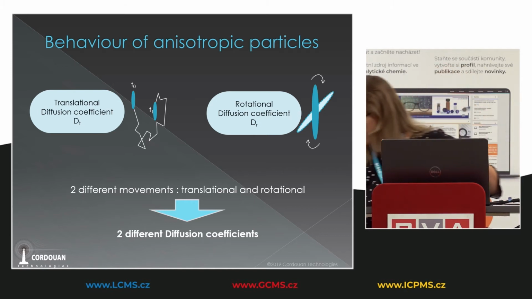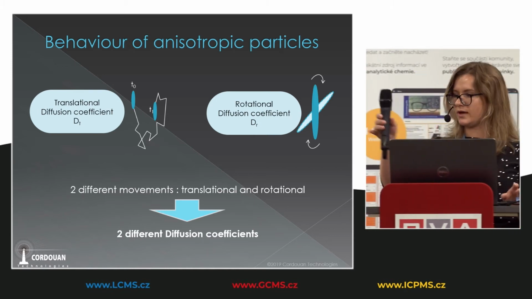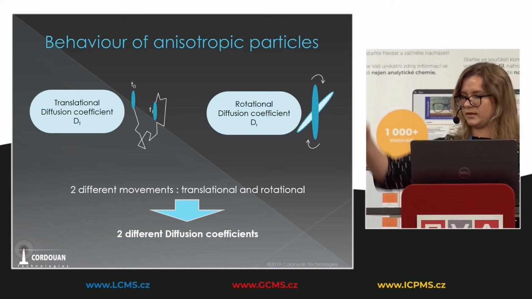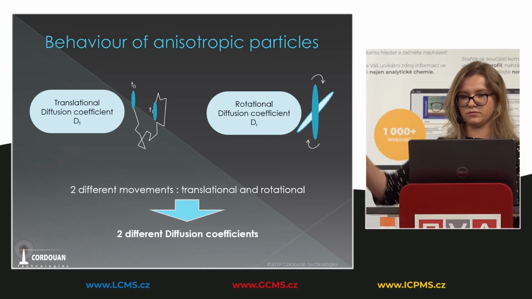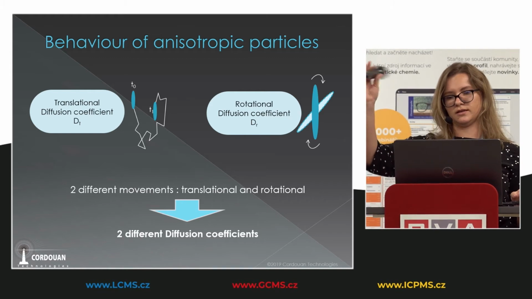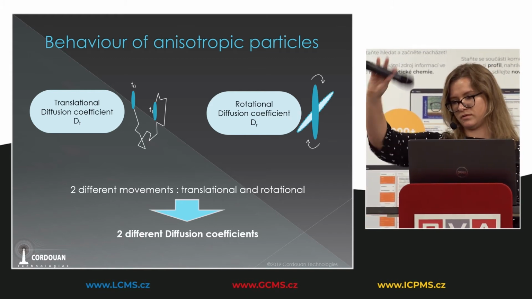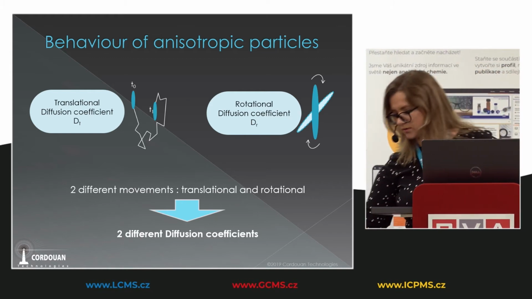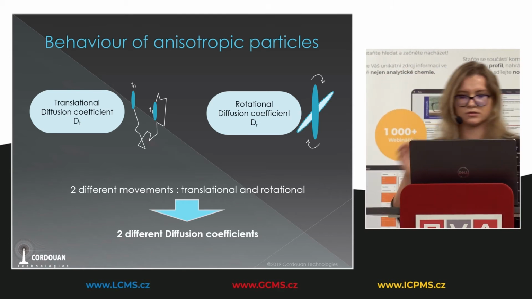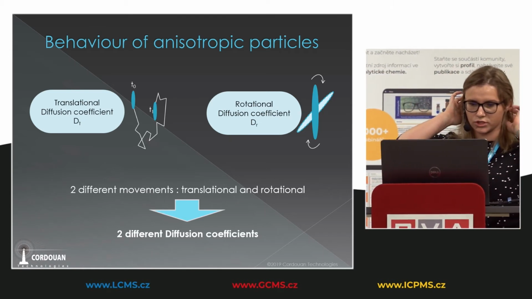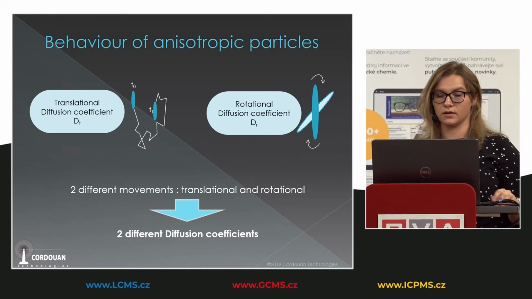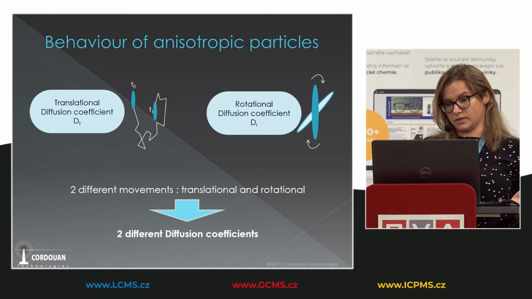I will show you with the microphone. When you have a rod, it can move like that, which is the translational motion, but it can also rotate in your suspension. So it moves roughly in all possible directions. Thanks to these two different motions, it's possible to detect two different dimensions of this particle.